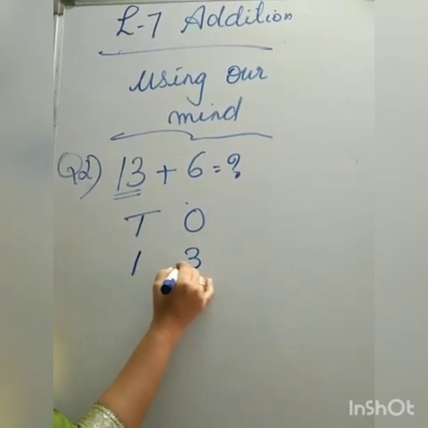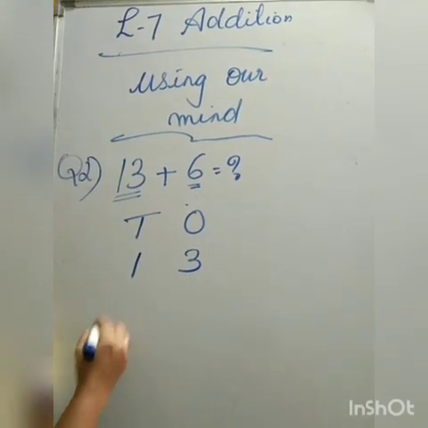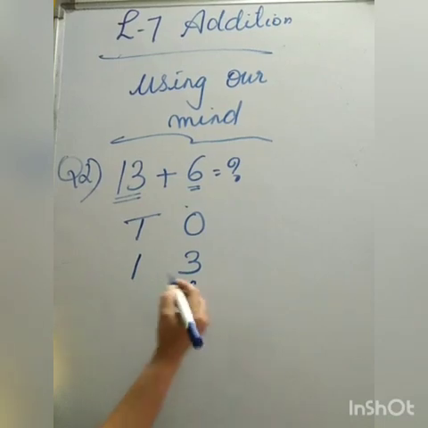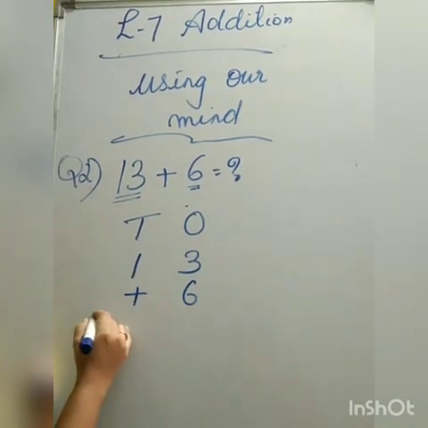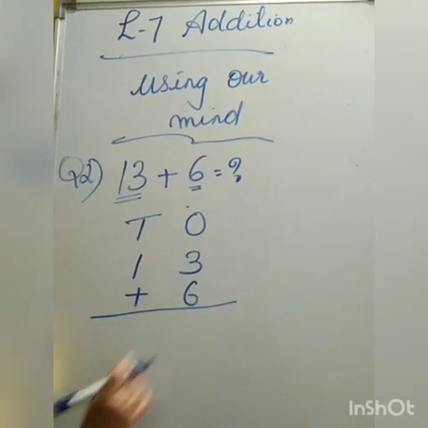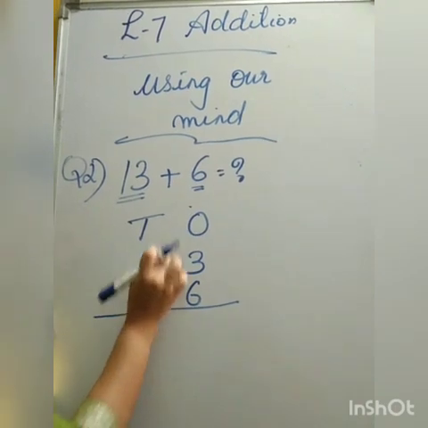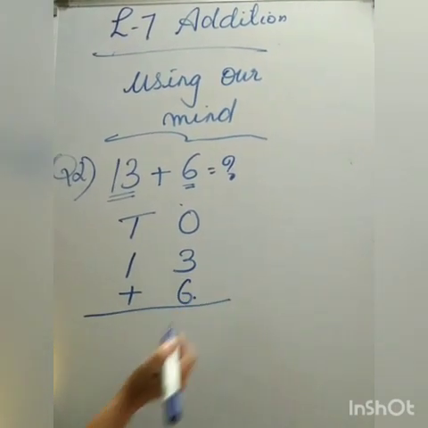Now second step, which is the number? 6. So we write 6 in the ones place, then put the plus symbol. Start from the ones place. Which is the biggest number? 6 is the biggest number.